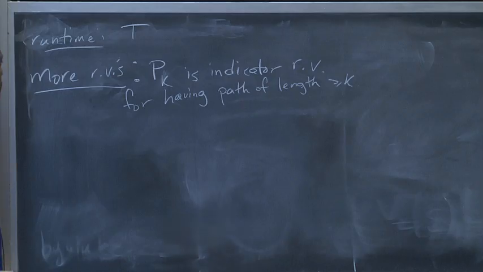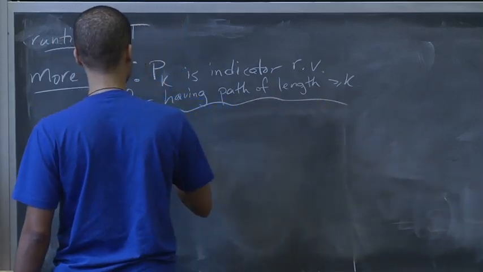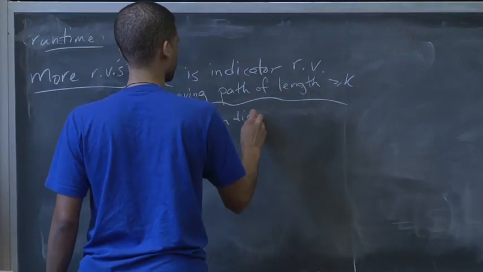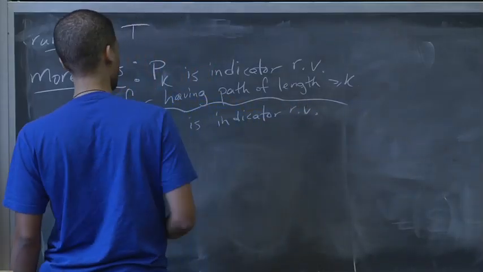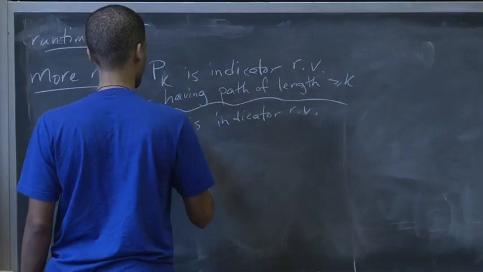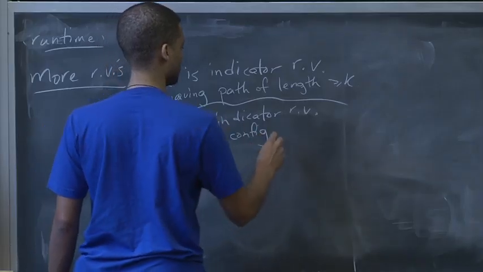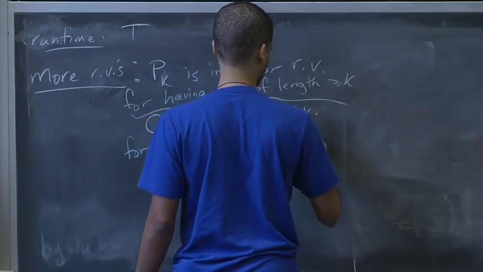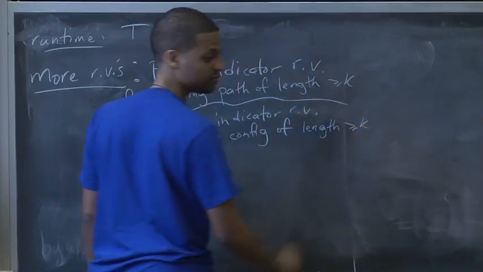Okay. We could say C_k is an indicator RV for a case 2 configuration of length at least k.